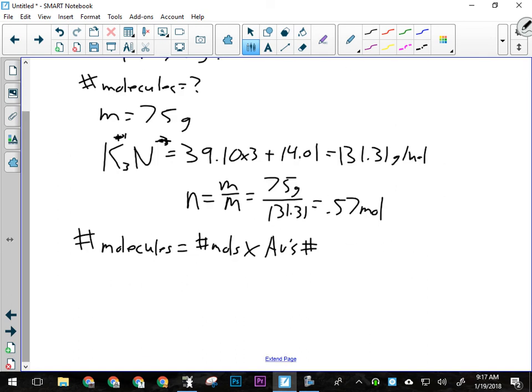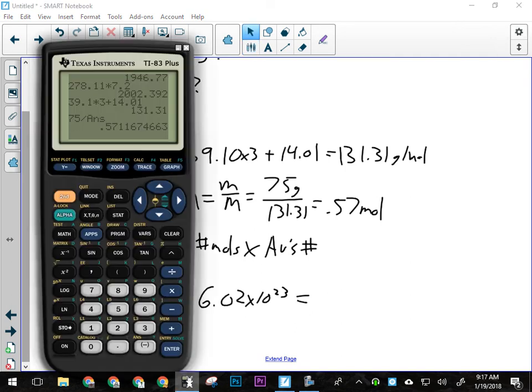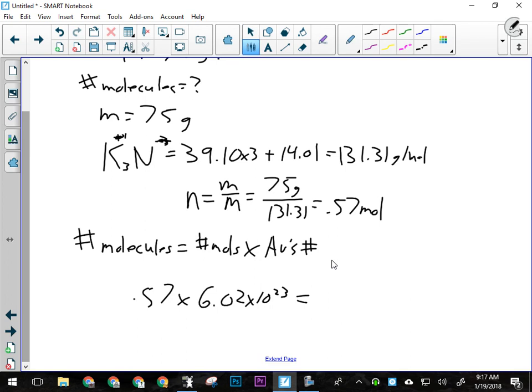All right, so I take my 0.57 and I multiply it by 6.02 times 10 to the 23, and that'll give me my number of molecules. Okay, so 3.44 times 10 to the 23 molecules.